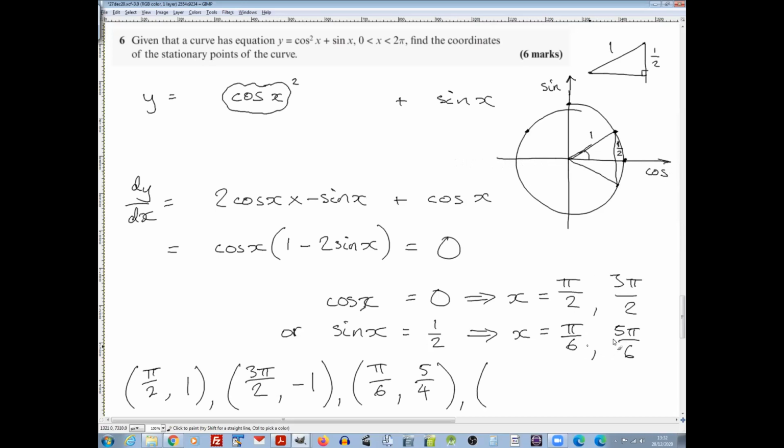So what's cos of 5 pi over 6? Which is what time on the clock? Which is 10 o'clock. So what's the cos coordinate of that point, 10 o'clock?